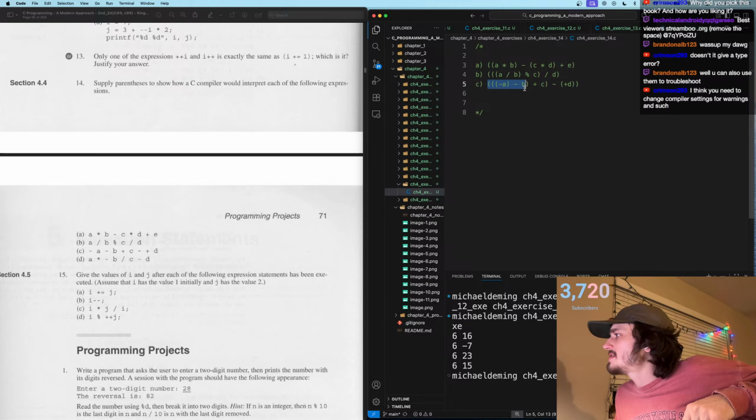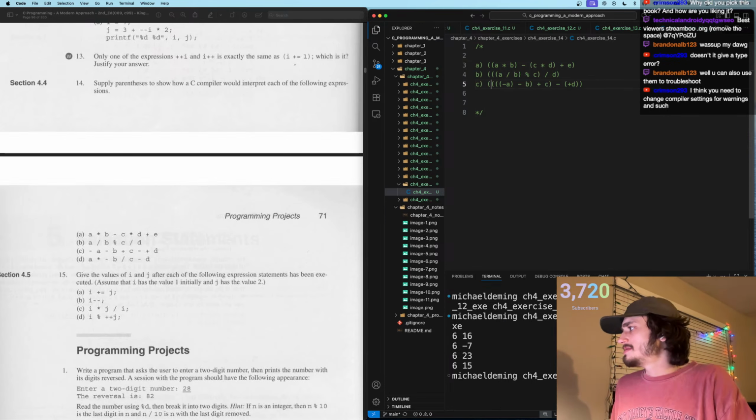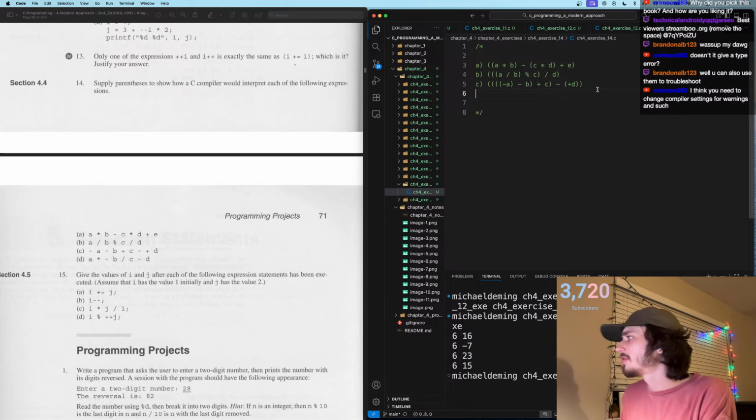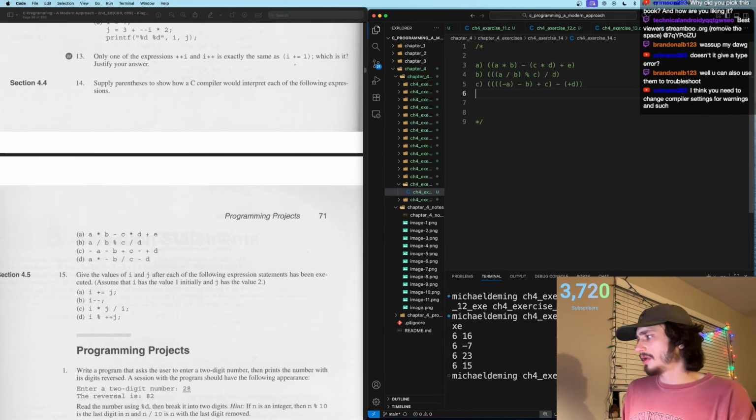And then you would add C to that, and then minus positive D from that. Perfect. So this parenthesis would go with here, this one goes with there, this one goes with there. They're all close. Nice.